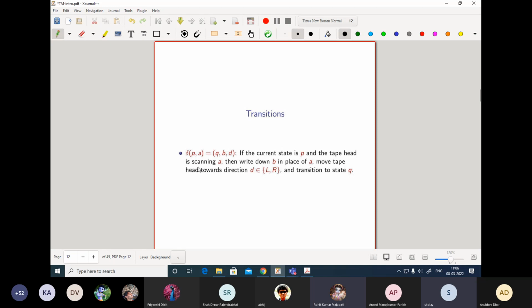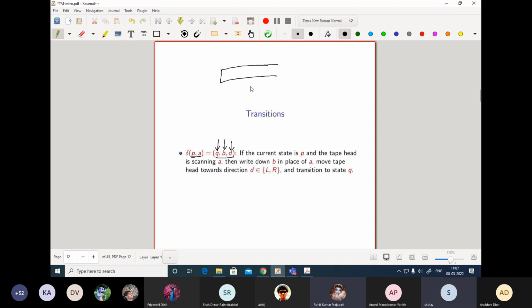At any particular point, if you're at a state P and you're reading A, meaning your tape head is currently at a cell that has A written in it, then your transition function will map P comma A to a tuple Q comma B comma D. This is the significance of this tuple: Q is the state you're transitioning to, B is the symbol you're writing in the current tape cell, and D is the direction in which your tape head is going to move.